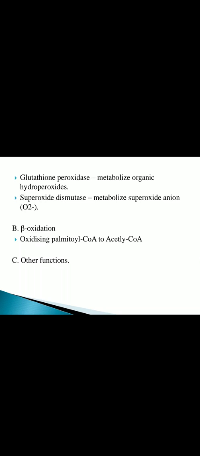When the acetyl-CoA is formed, it is transported to the mitochondria, where it enters into the citric acid cycle. Or if the acetyl-CoA remains in the cytosol, then it is reconverted into fatty acids, and ultimately it forms the neutral fats.